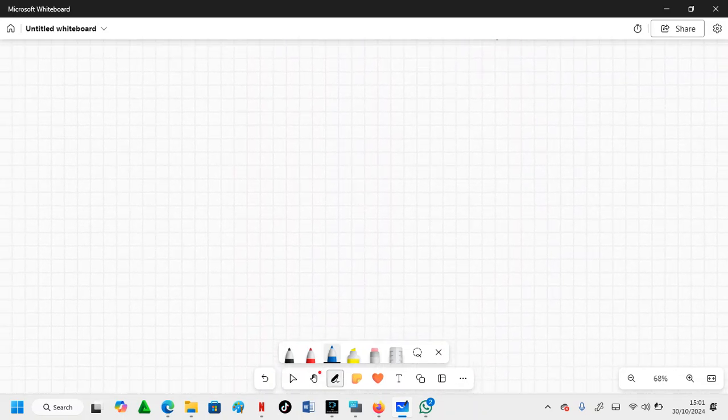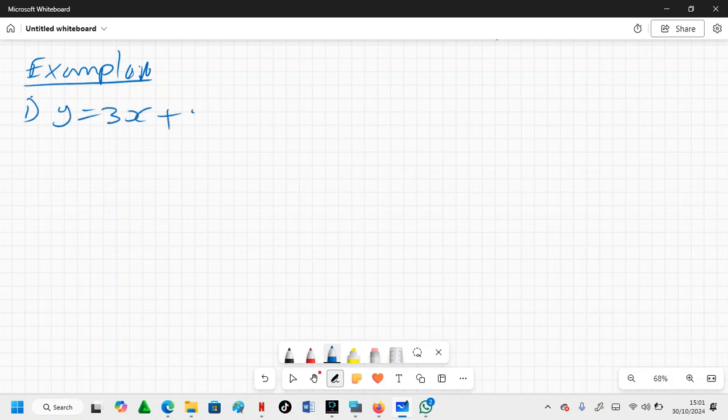Okay, let us consider a couple of examples. For example, they can give you an equation like y is 3x plus 2, and then they ask you to find the intercepts. In other words, they ask you to find where this line touches the x-axis and where this line touches the y-axis.